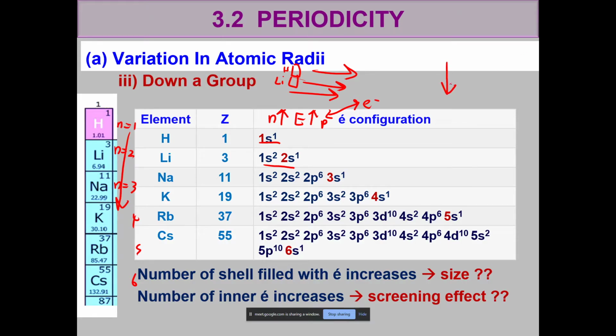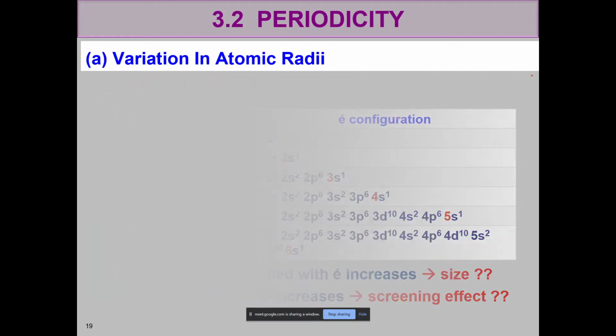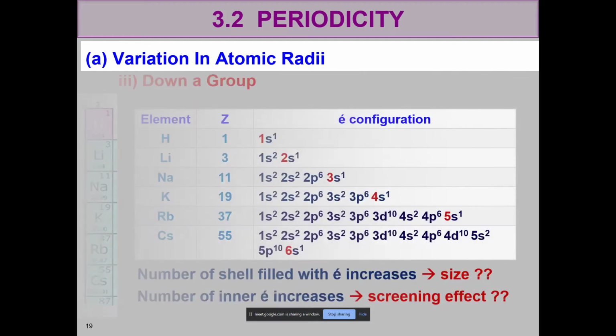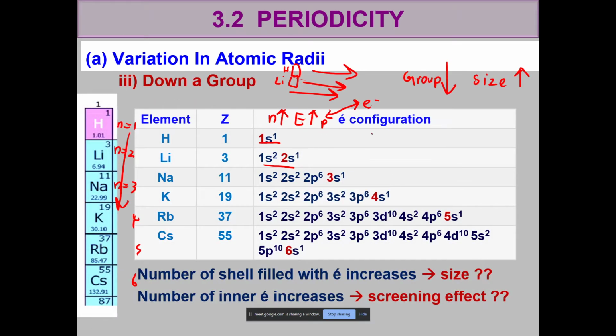Okay, down the group, dia punya size increase. Okay, size dia increase sebab we have more and more shells. So bayangkan this one ada satu je, and this one ada 1s and ada 2s, this one ada sampai 3s, this one ada sampai 4s, and this one ada sampai 5.